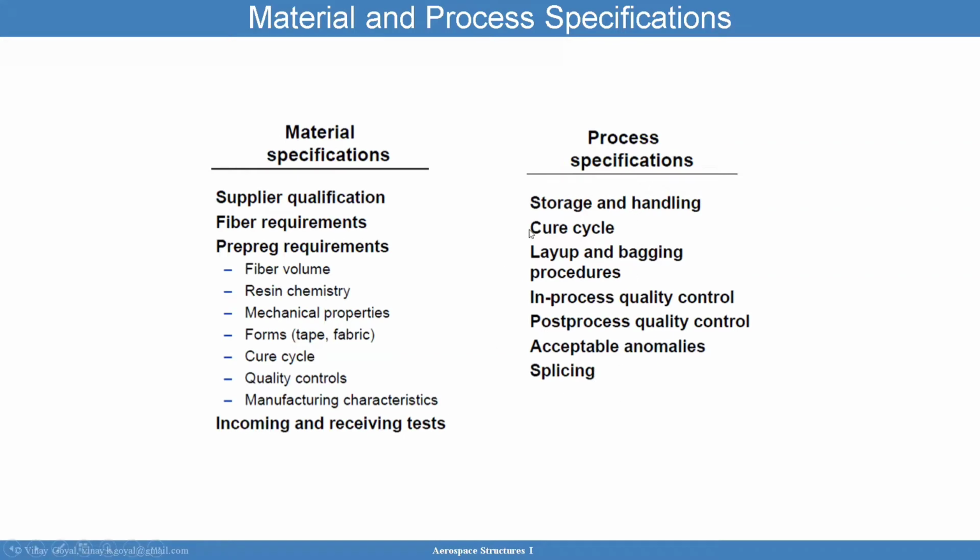So these process specifications also need to be set as you move forward. Any changes to any of these things can cause a reduction in strength, and you perhaps don't want to perform a full qualification testing to demonstrate that you're okay. But in fact, what you want to really do is ensure that you have the highest confidence as the program matures.